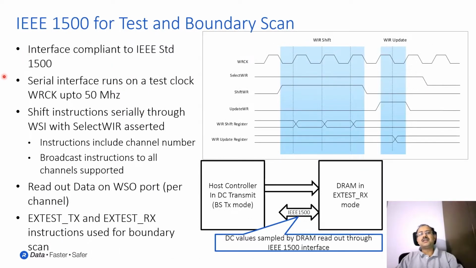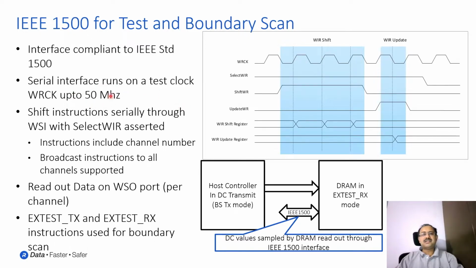So after going over the parallelism features in high bandwidth memory, now we will look at reliability aspects. For test and boundary scan, the IEEE 1500 standard has been adopted. This is a serial interface and the test clock can run up to 50 megahertz.